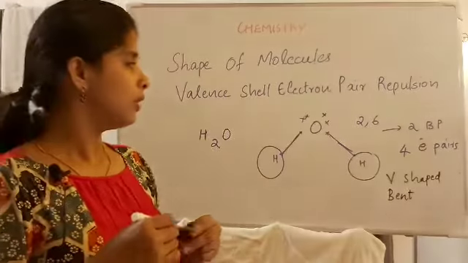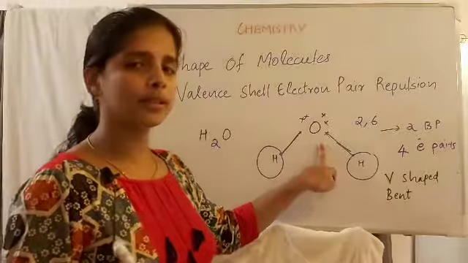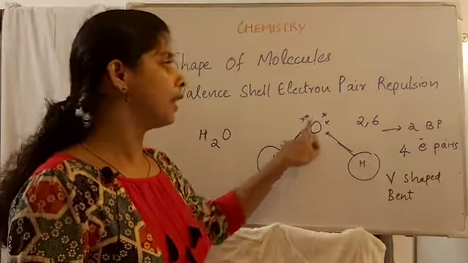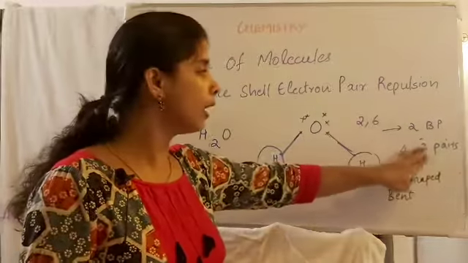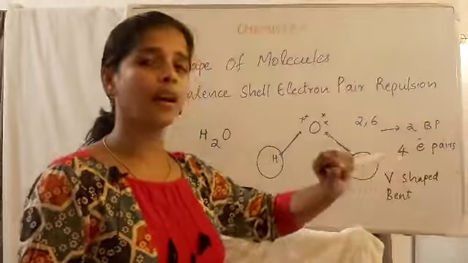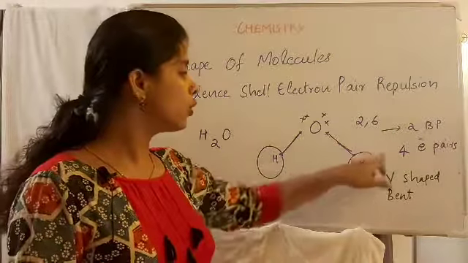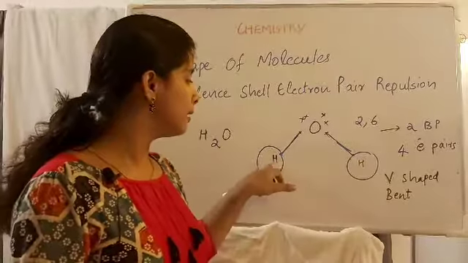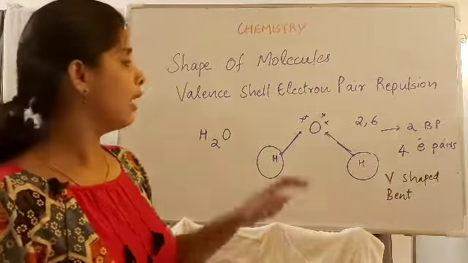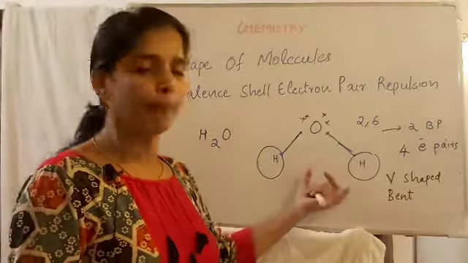So I think it is clear. In the water molecule, oxygen is the central atom. There are 2 bond pairs and 2 lone pairs. These 4 electron pairs are arranged in the 4 corners of a regular tetrahedron. 2 corners are occupied by bond pair electrons and the other 2 corners are occupied by lone pair electrons.